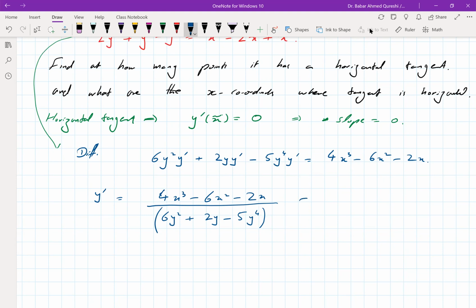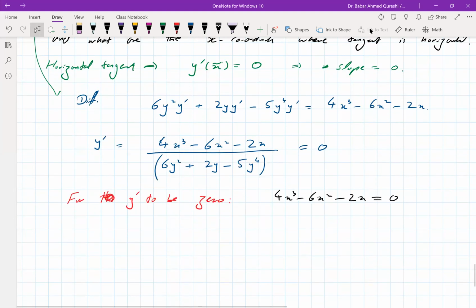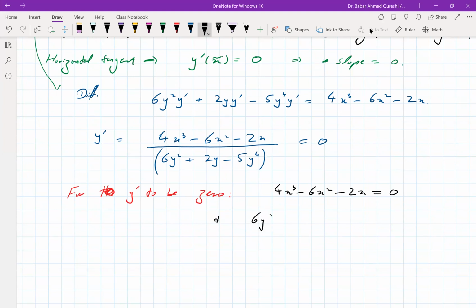And we want this to be 0. So for this to be 0, you need 4x cubed minus 6x squared minus 2x to be 0, and 6y squared plus 2y minus 5y4 not 0 at those values of x.